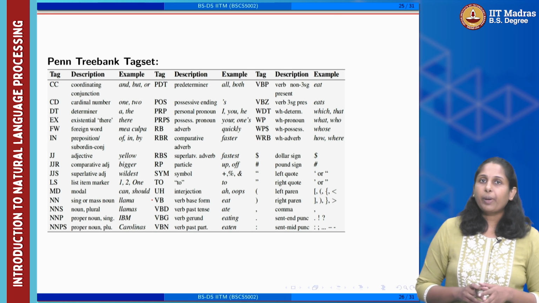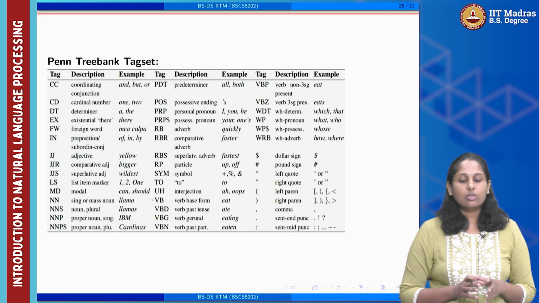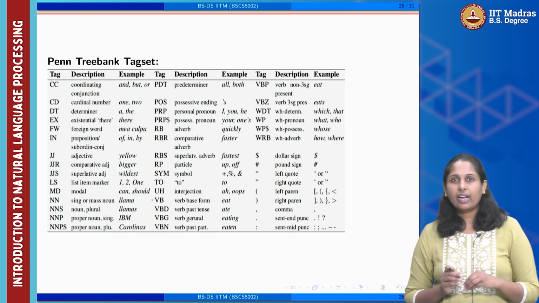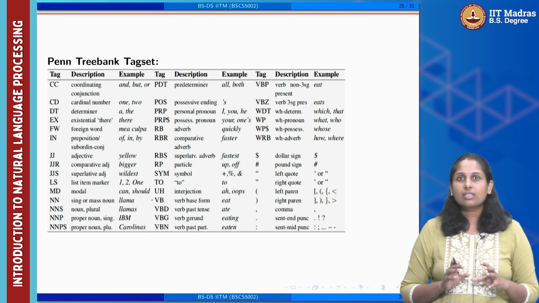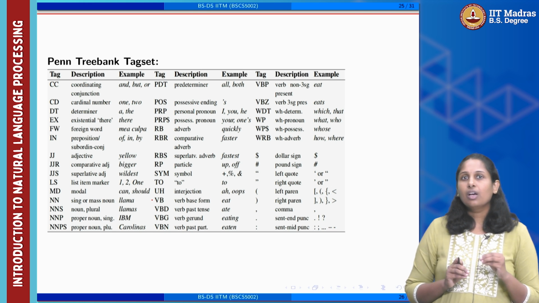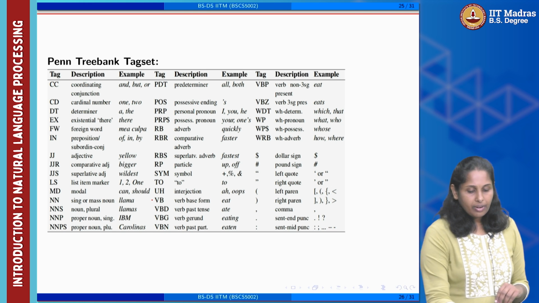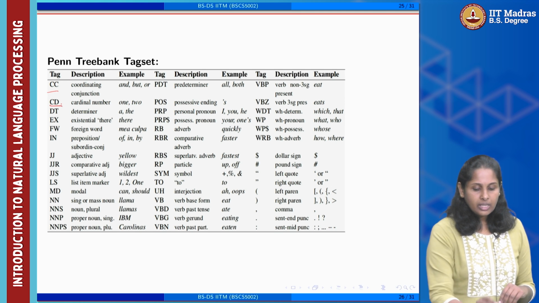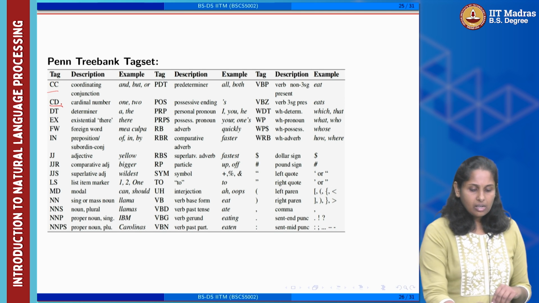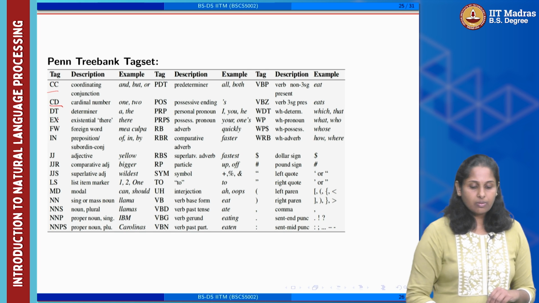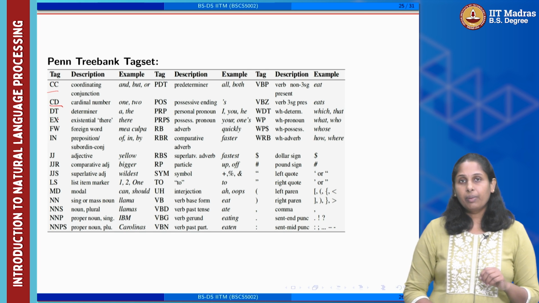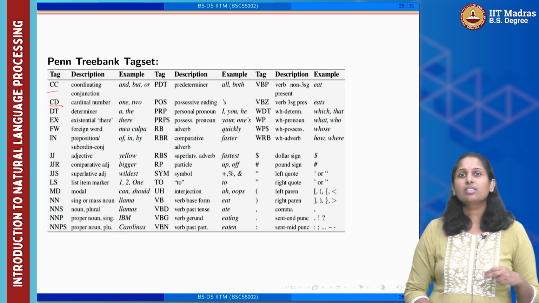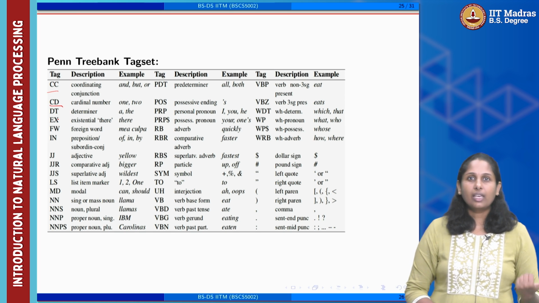So, let us start with the Penn Treebank tag set. It also has a number of tags. It is not completely fine grained or completely coarse grained, but has some fine granularity across the categories. For example, CC is used for coordination, CD for cardinal, DT for determiner, EX for existential there, because in English there are two kinds of there. One is there is a book, the other is there he comes.